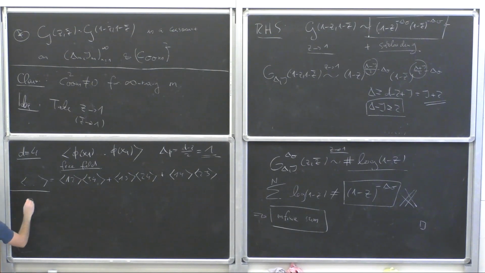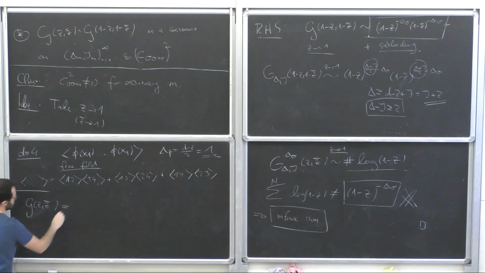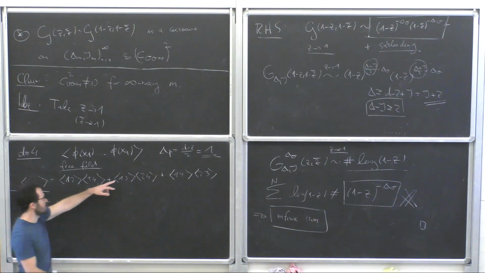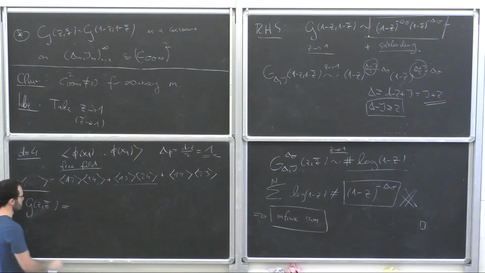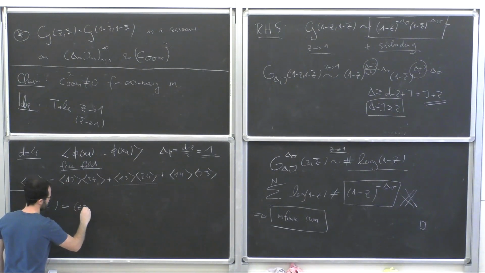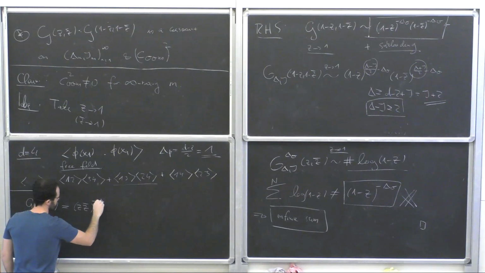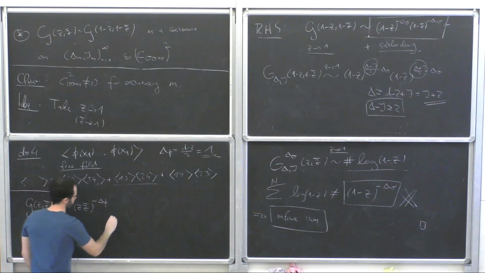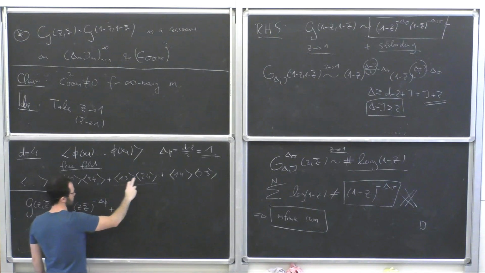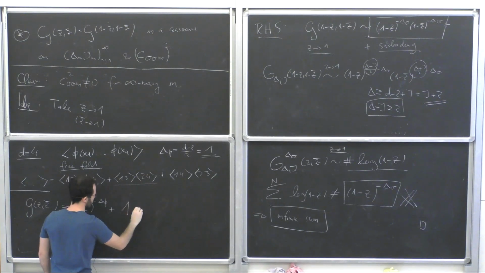So this means that this function g of z bar, now I want to divide this by this, right, 1, 3, 2, 4. So if I do it here, I'm going to get the identity that we already saw. That's just this one. Then here I divide this by itself, so I just get 1.